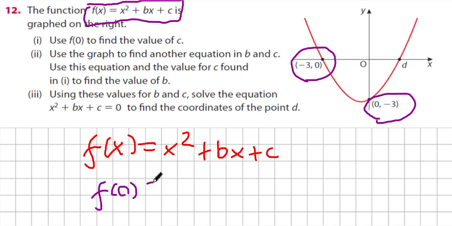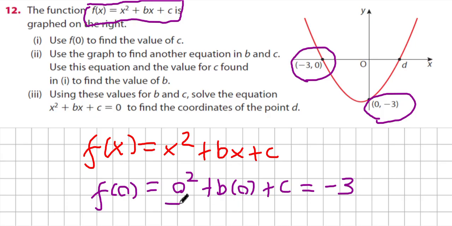Let's do it. And the good thing about the 0, what happens to all the numbers more or less? 0 squared. b times 0. c therefore is minus 3. And you're done. So that's one part done. What do I do with the c on the red equation there? Replace it with minus 3.